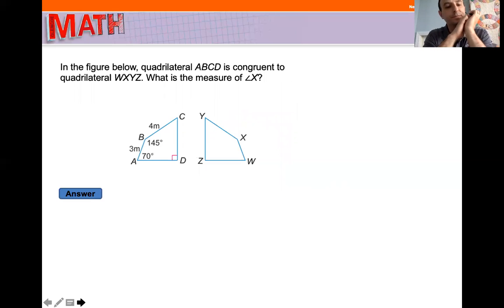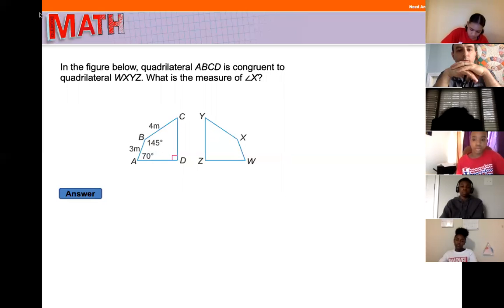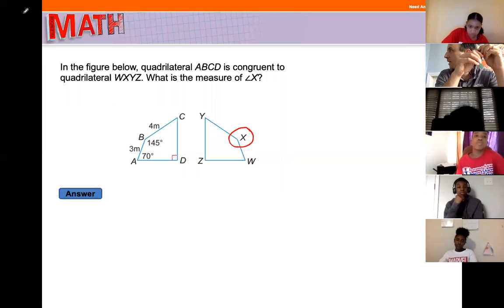Let's have you try this one. What is the measure of angle X? Georgia, I'm going to ask you in just a second.